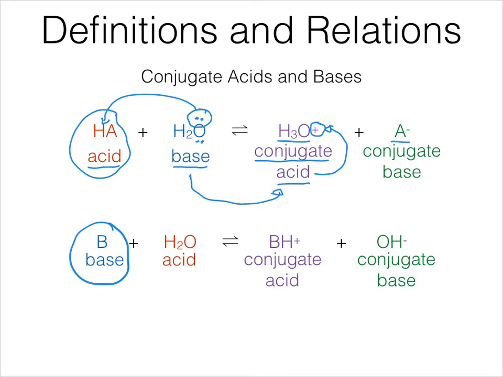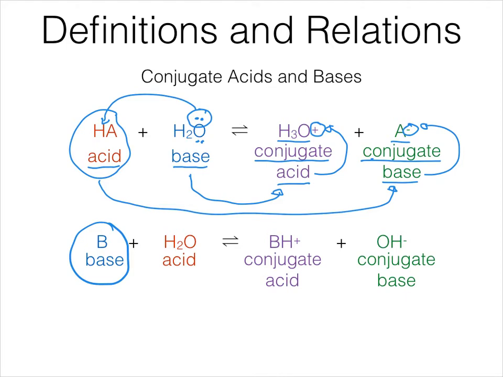Likewise, A minus is our conjugate base because anions behave like bases. It's the product that formed when the acid lost its proton.